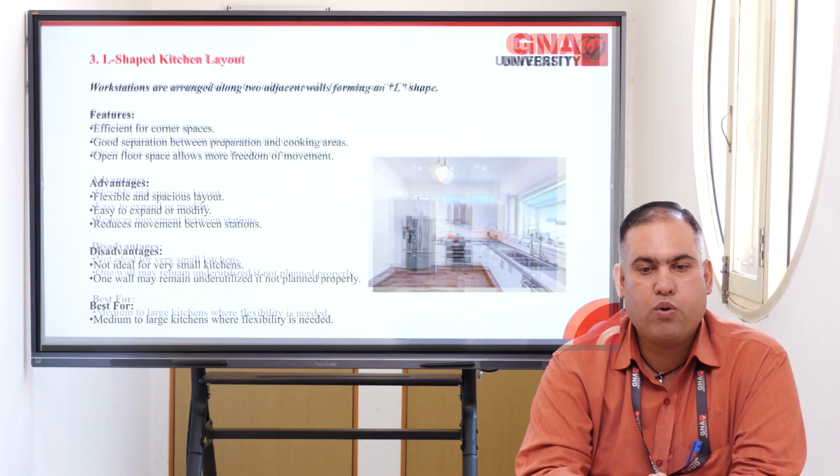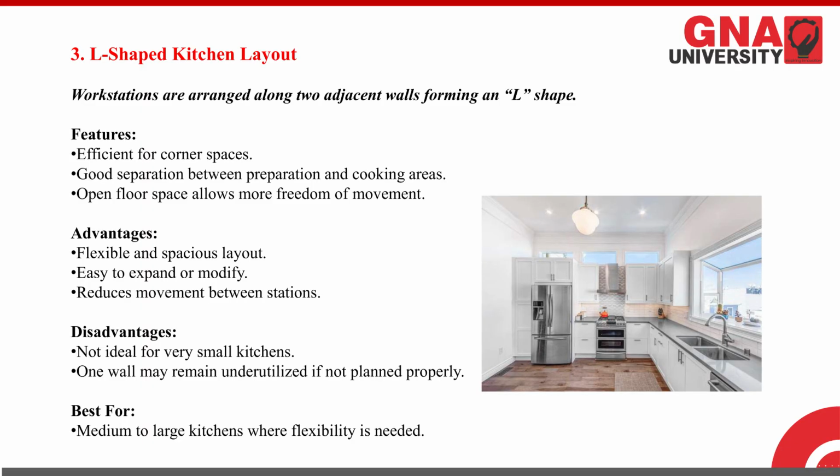Now the third layout is the L-shaped kitchen layout. As you can see, the workstations are arranged along 2 adjacent walls forming an L shape. What are its features? It is efficient for corner spaces and has good separation between preparation and cooking areas. It also has open floor space that allows more freedom of movement. Now, some of the advantages.